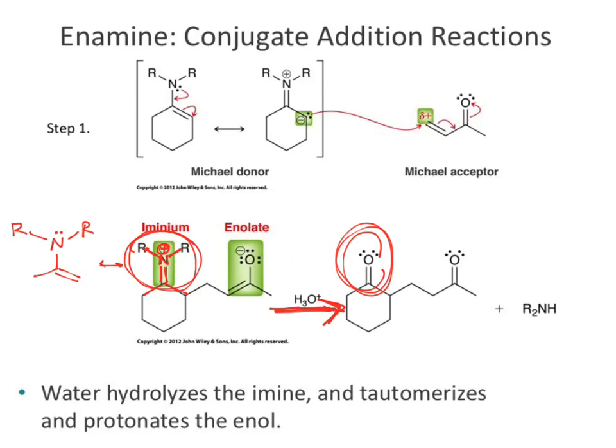Water. If I put in an excess of water, what happens to the enamine? I get water hydrolysis, or just hydrolysis, because hydro is referencing water, and I can revert it back to the carbonyl. This goes back to our nucleophilic additions using weak nucleophiles in chapter 18.